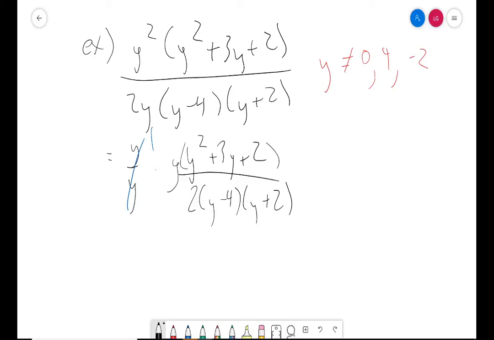We can almost immediately, in this case, write this semi-factored form in a way that we get this y divided by y going to 1. And so we've already done a quick simplification right there.